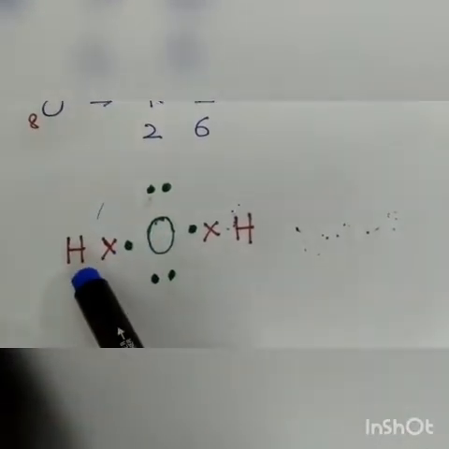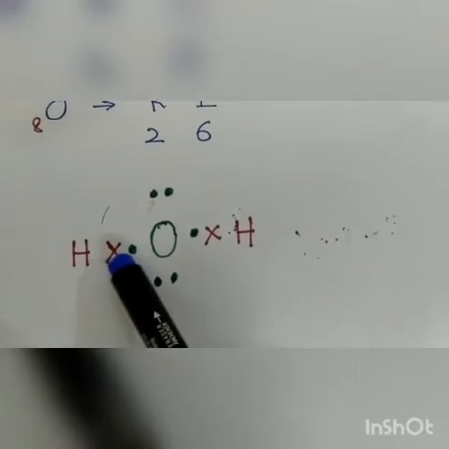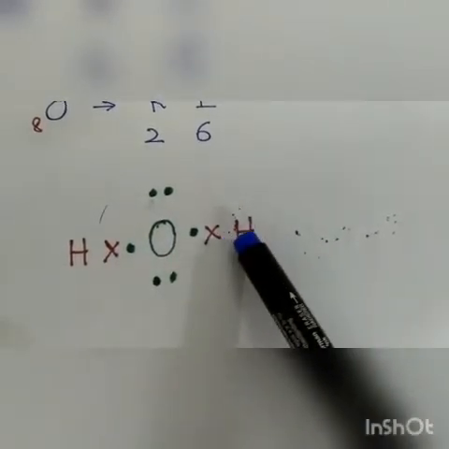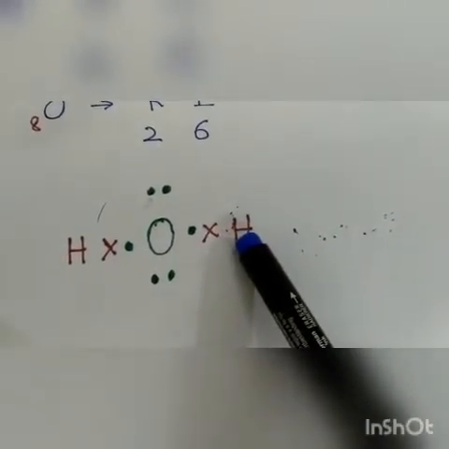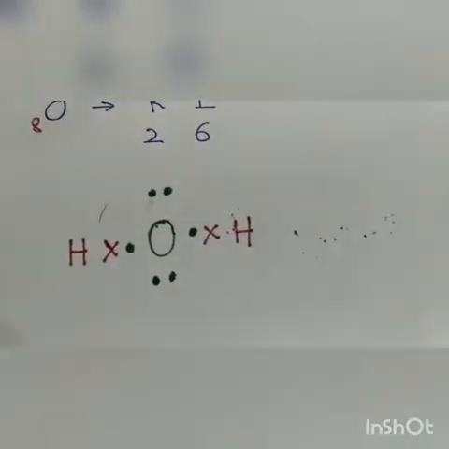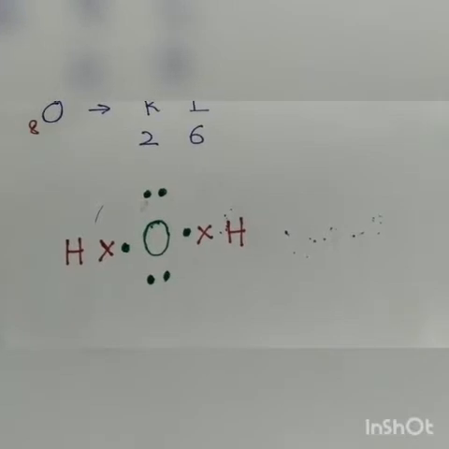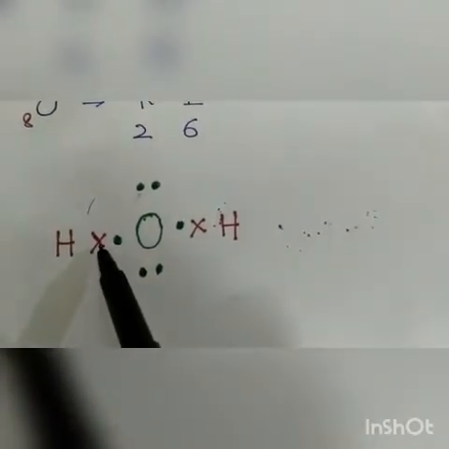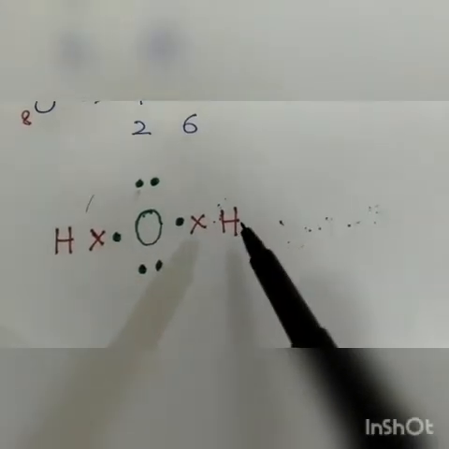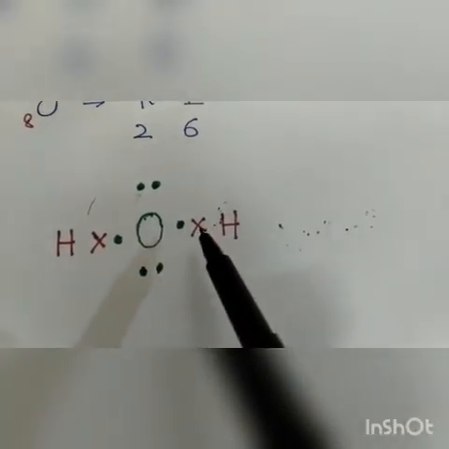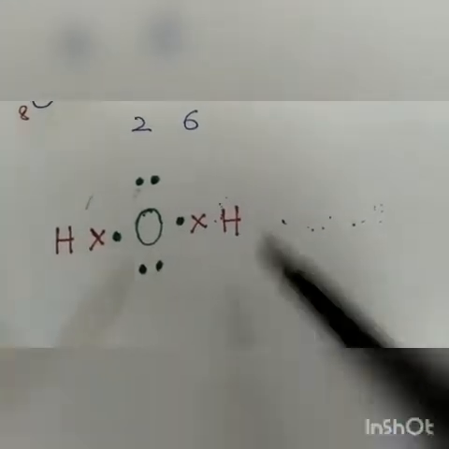Now let us take the case of hydrogen. This is 1 electron of hydrogen and this is 1 electron of another hydrogen atom. Now this first hydrogen atom shares this electron with this oxygen. This hydrogen also shares its electron with this oxygen atom.